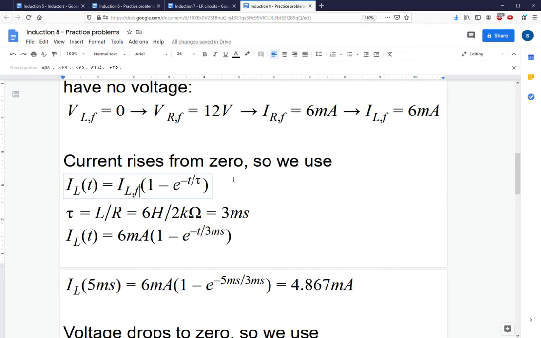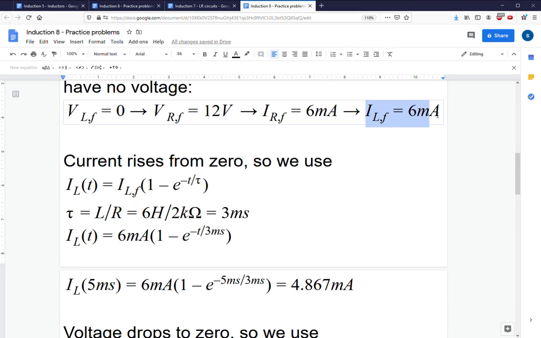Let's get some numbers in there. Tau, the time constant, is the 6 henries of the inductance divided by the 2 kiloohms of the resistor. And remember, kilo means 1,000. So 6 henries divided by 2,000 ohms gives 0.003 seconds, or 3 milliseconds. So the time constant is 3 milliseconds.